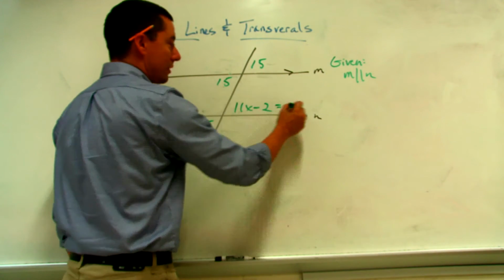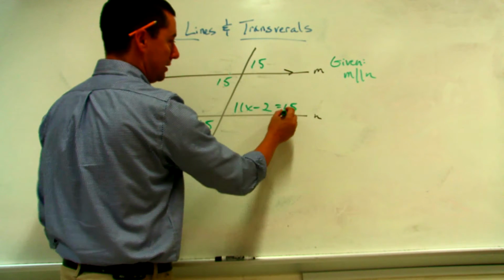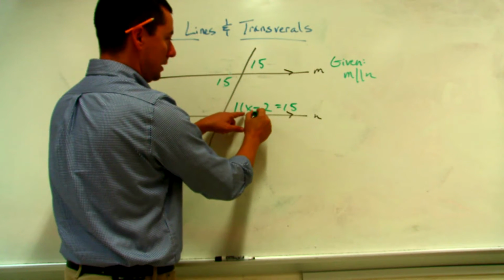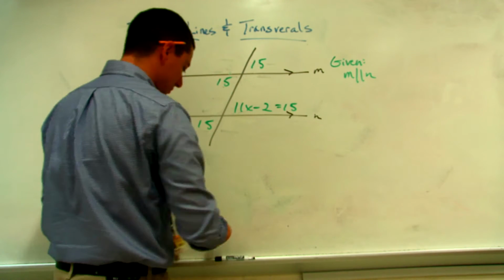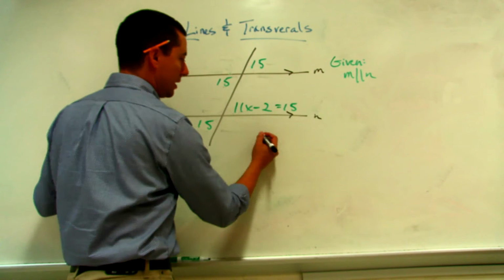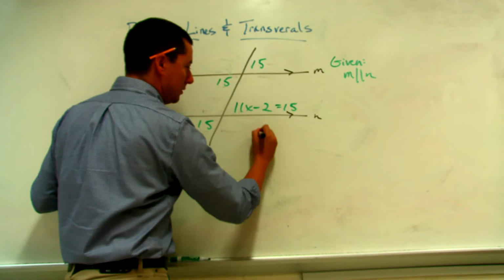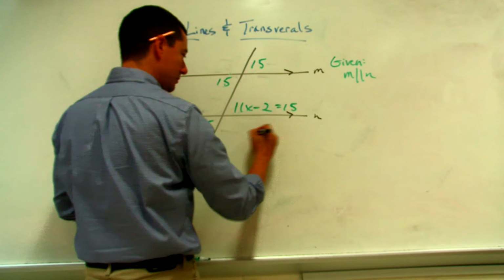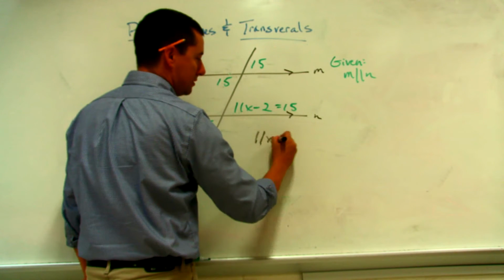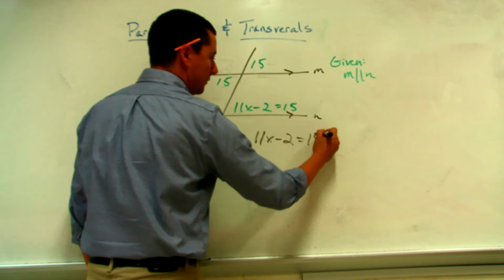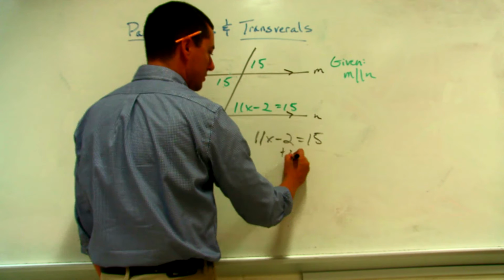Well, I know that 15 is the measure of this angle. I also know it's 11x minus 2, so I can write my equation: 11x minus 2 equals 15, and then I can just solve that equation from there.